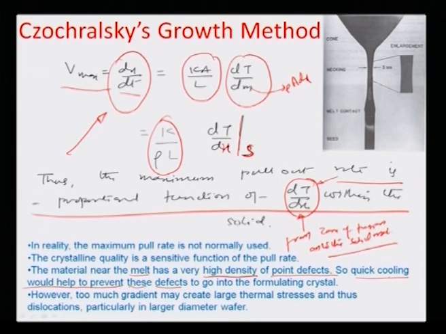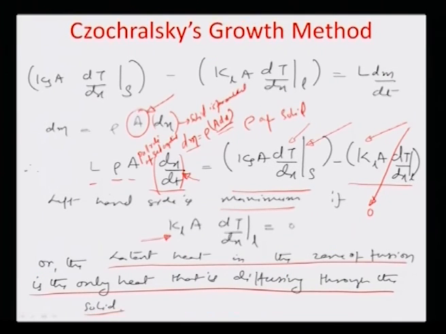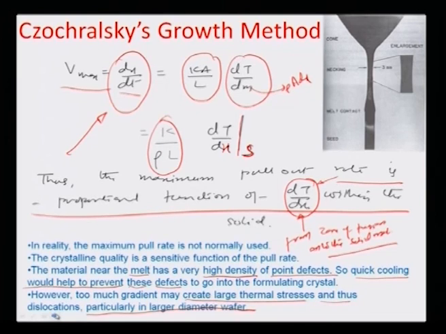However, another aspect of too much thermal gradient is the creation of large thermal stresses within the solid, which would create dislocations, and particularly this is true for larger diameter wafers, where the dislocations are very prominent because of that. So it is really a trade off between the pull rate and the way the defects would go into forming the crystals, or the amount of thermal stress that the crystals can handle, and this together would define how much pull rate is really needed.